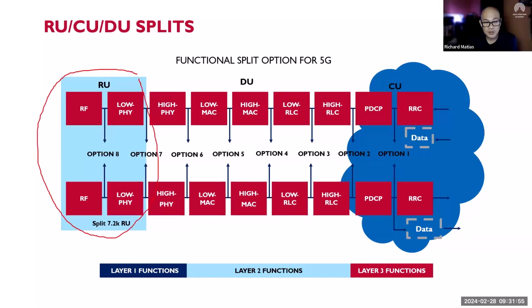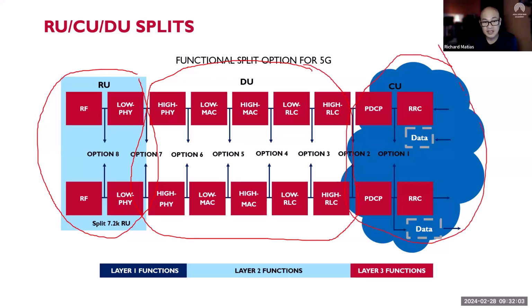If we separate it, for example, the split is like this. You have the RU, the DU, and the CU. We call it the option 2 split, or the option 7-2 split. It could have different names, but defining the boundaries of each split will have its corresponding name.